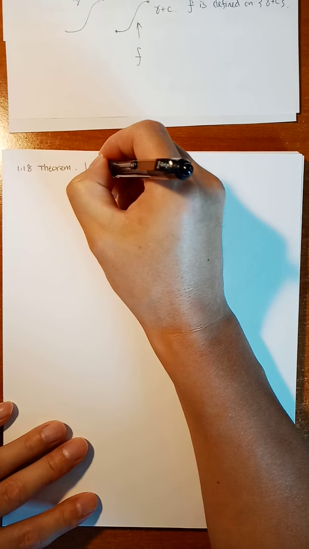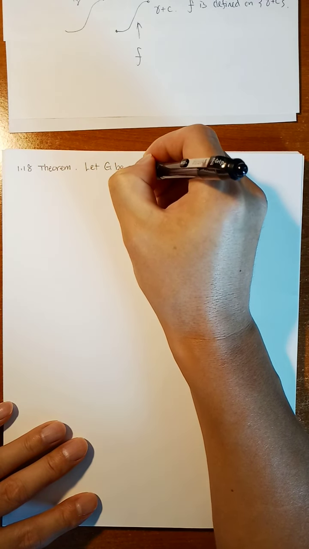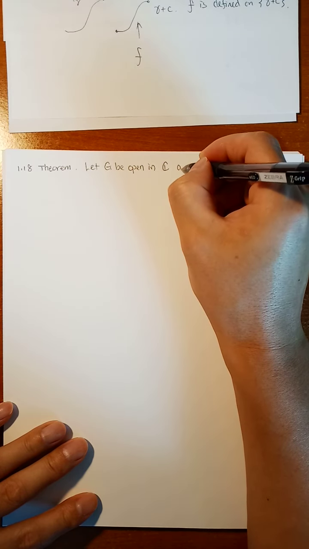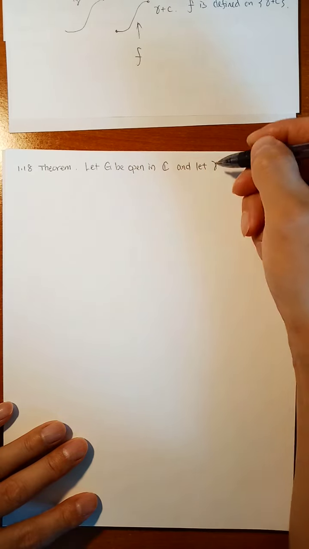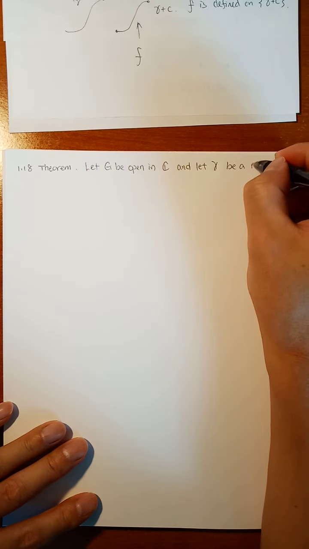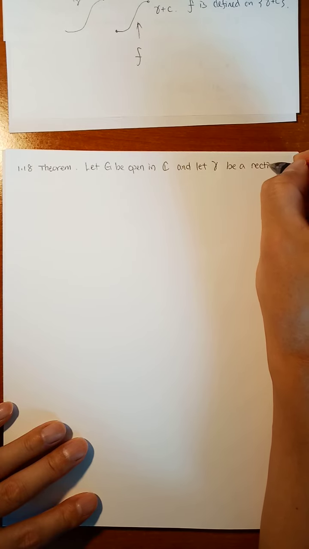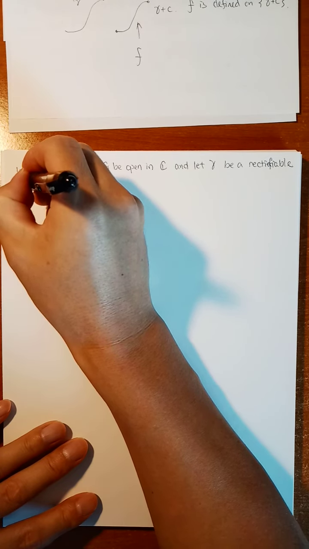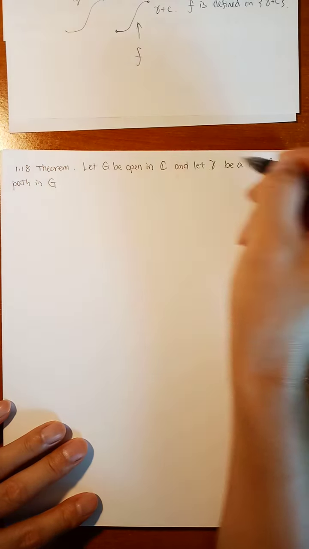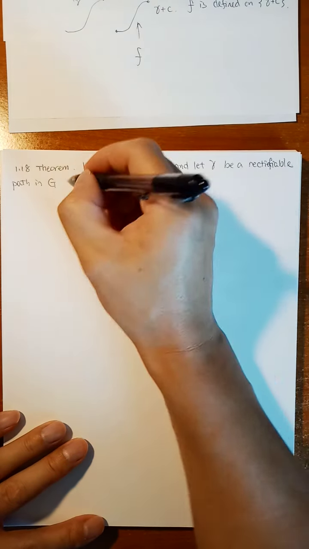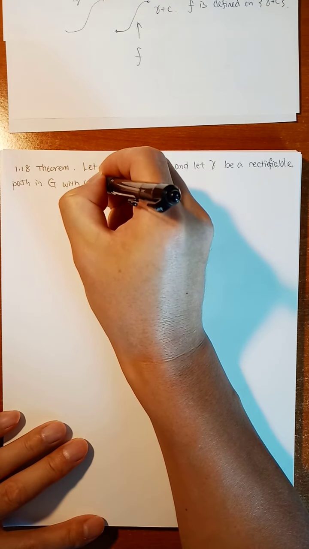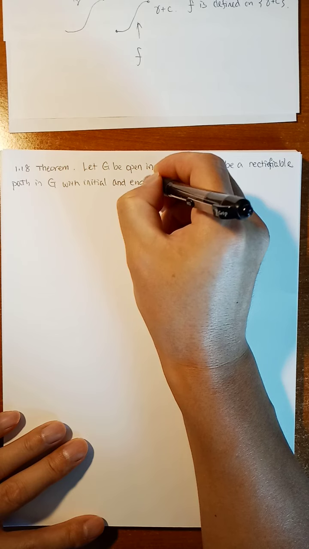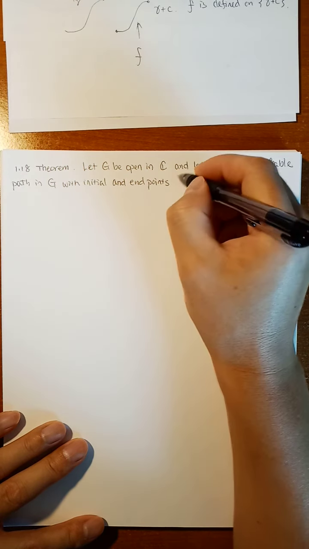It says: let G be an open set in C, and let gamma be a rectifiable path in G. Rectifiable is used when we can define this Riemann-Stieltjes integral, with initial point and endpoint alpha and beta.